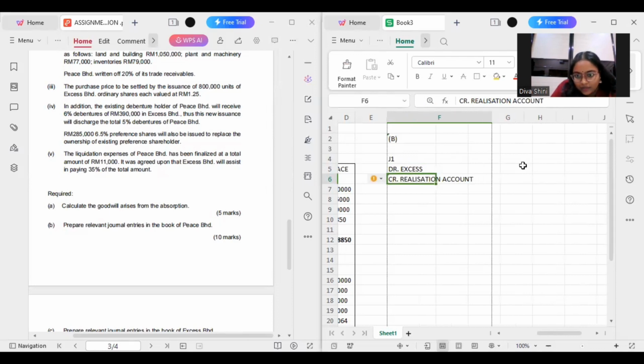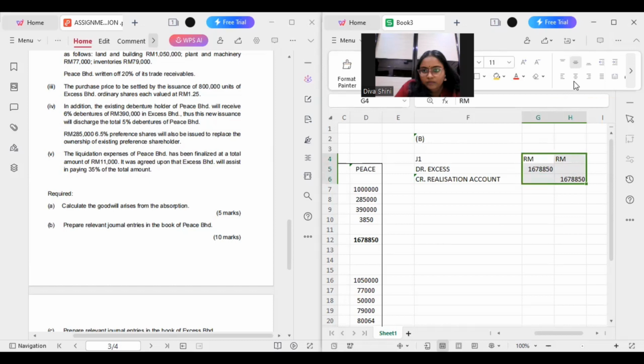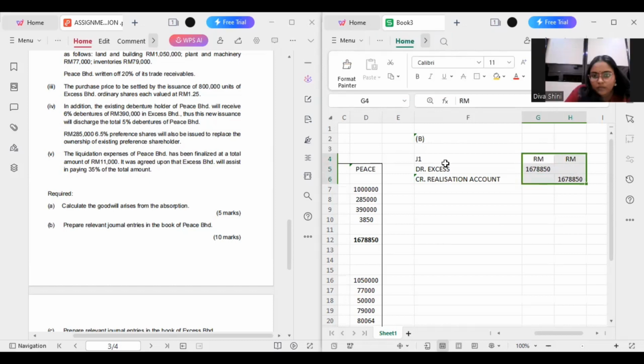And this amount is from the total purchase consideration. So this is journal 1.